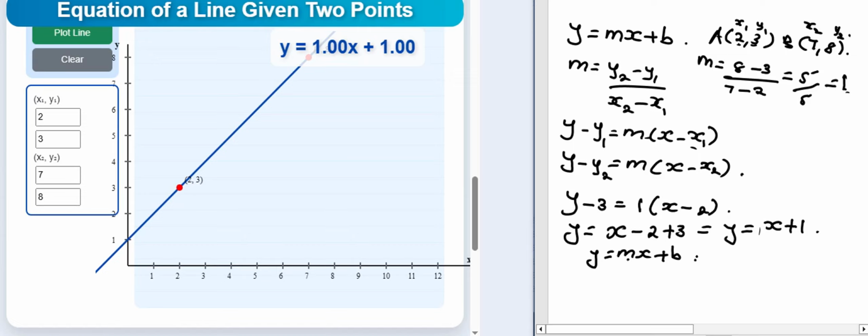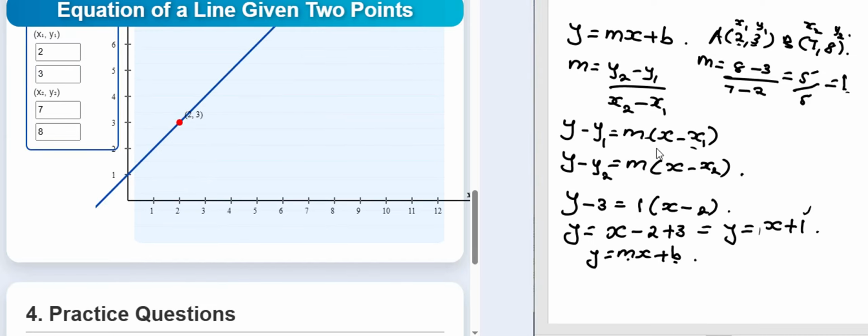And the y-intercept b is also 1. You can try this with the second formula: now y2 becomes 8 and x2 becomes 7, and you see if you get the same equation as the one here.